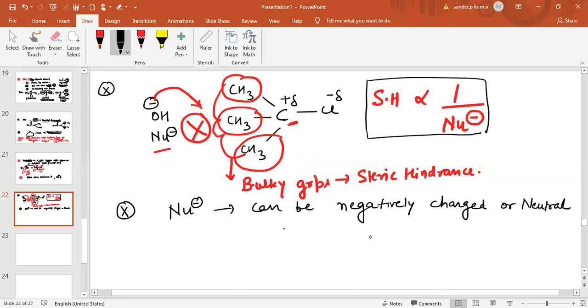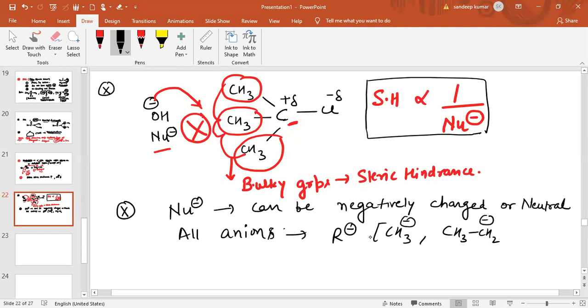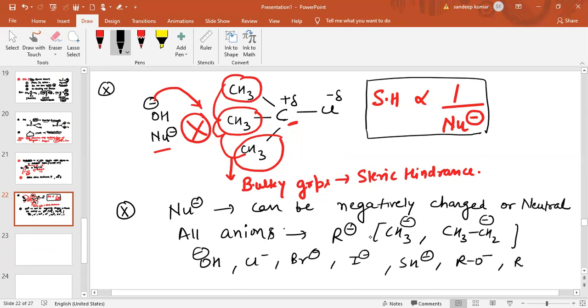How? So negatively charged nucleophiles, all anions, like R negative, like CH3 negative, CH2 negative, and also like OH negative, and like Cl negative, Br negative, I negative, SH negative, RO negative, RS negative.